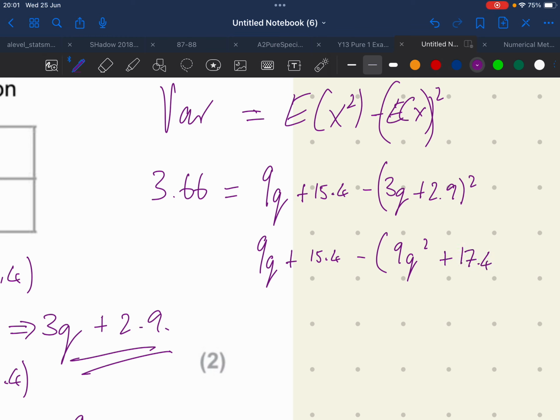So I get a quadratic here, and the quadratic ends up being 9Q squared plus 8.4Q minus 3.33 equals 0. And when we solve, we get Q is equal to 0.3 or minus 37 over 30.